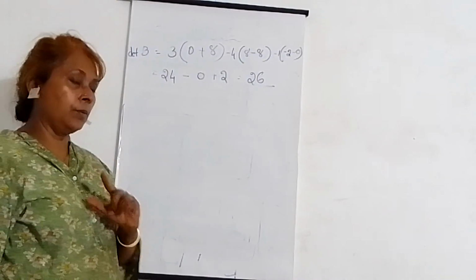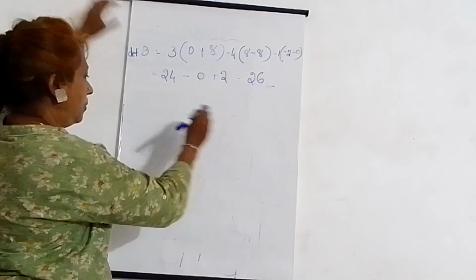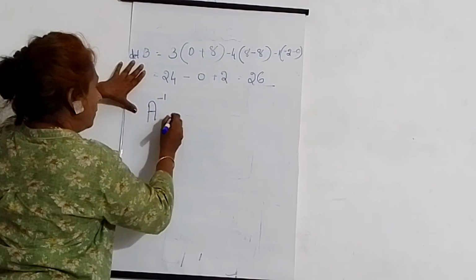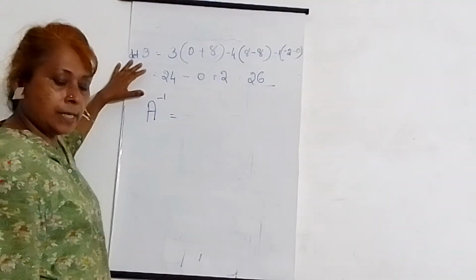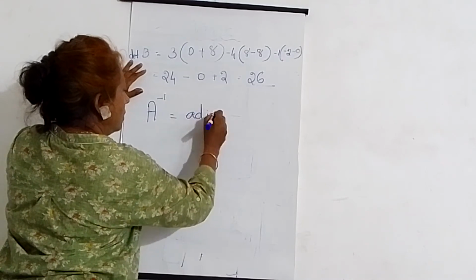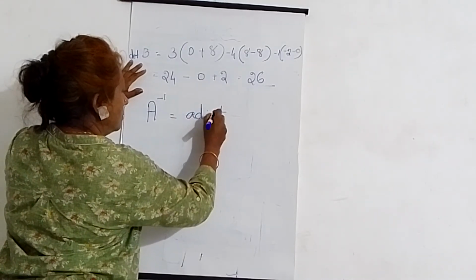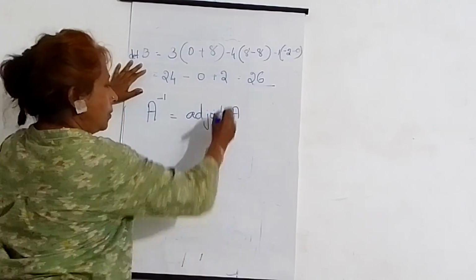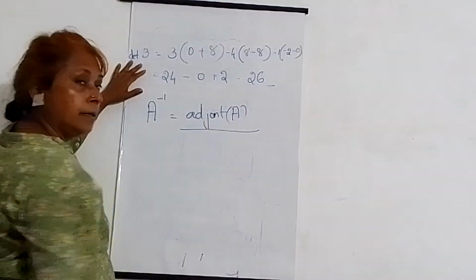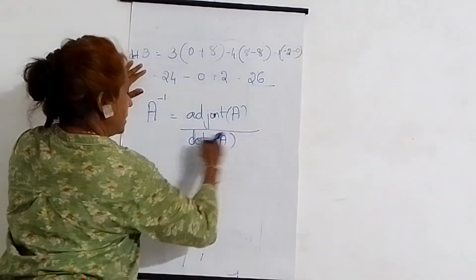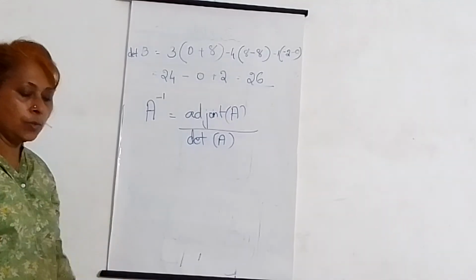I'm giving you one tip. You should remember it for the next class. A inverse is equal to the adjoint of matrix A divided by the determinant of matrix A. How can we find the adjoint of the matrix?